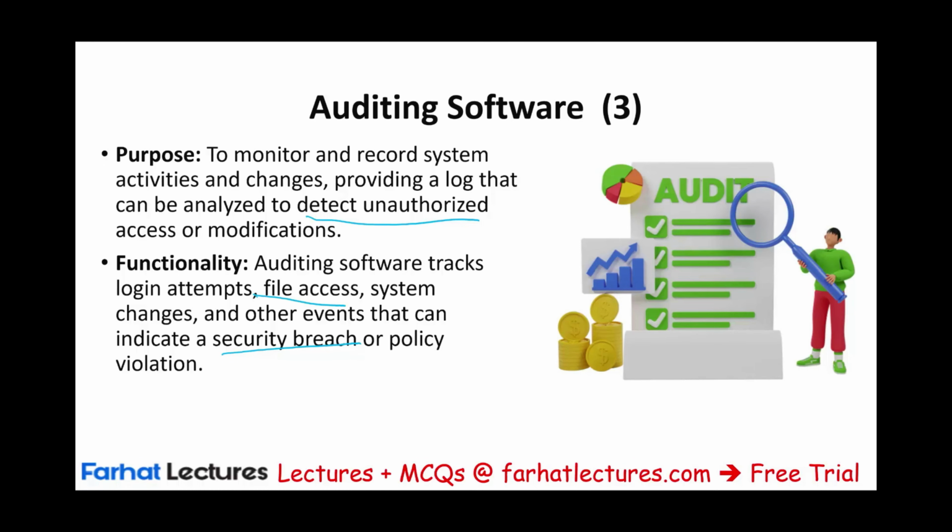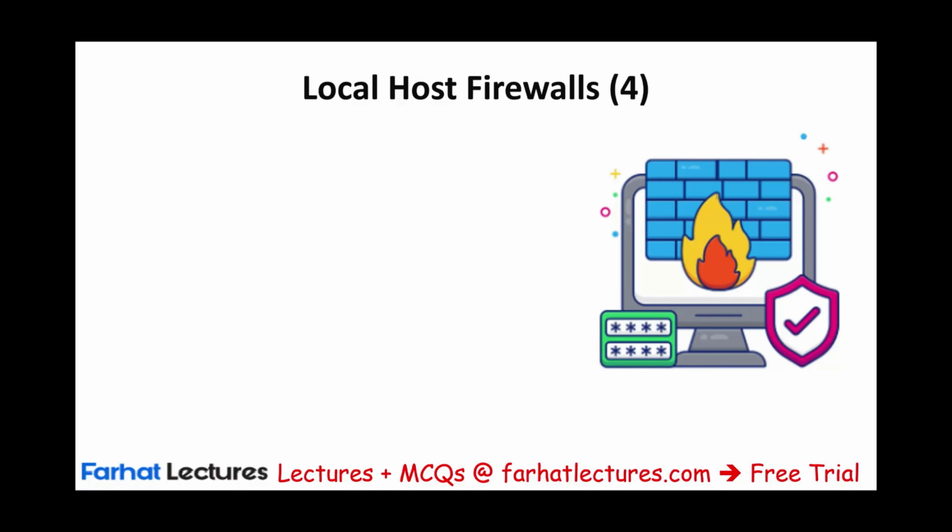Because when someone tries to breach the system, they may not be successful the first time. Maybe at the beginning they might be going through a dry run. Maybe you can catch on to what's happening when they are trying to learn about you. This is where the auditing software comes into place. You could also install a local host firewall.